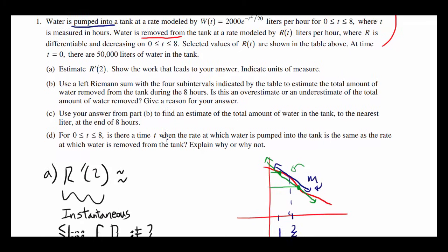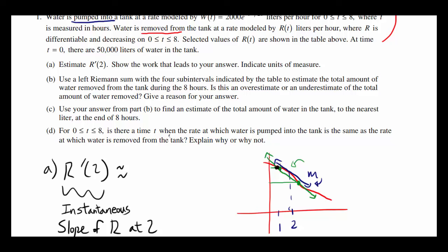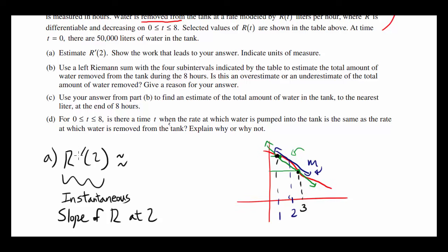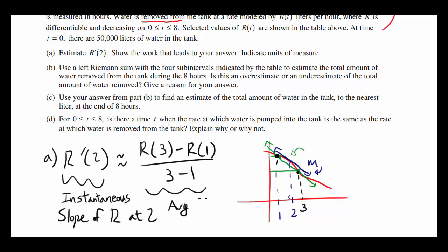So we can use this point and this point, where this point is when t is 1 and this point is when t is 3, to approximate the instantaneous slope at 2, which is going to be R of 3 minus R of 1 over 3 minus 1. This is the average rate of change, or the average slope, from 1 to 3. This should give you an approximation of R prime of 2.